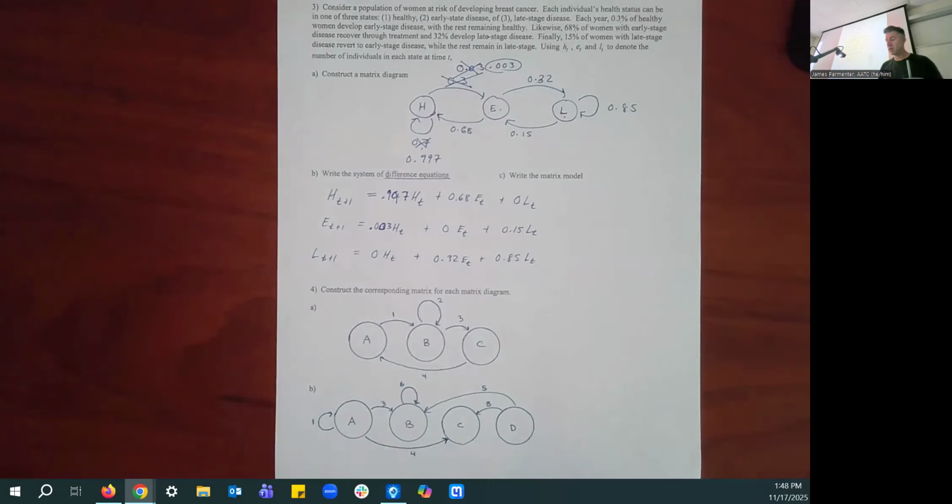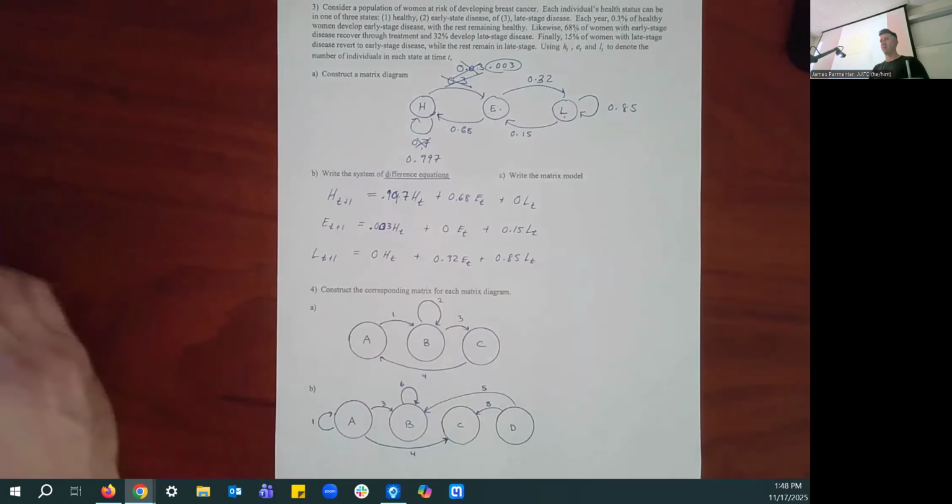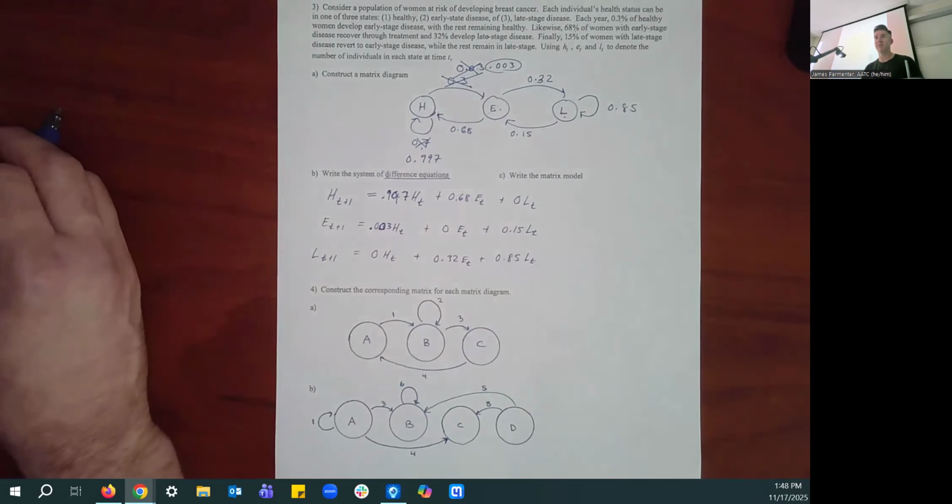What I was about to say is, if we've written all this, you've already kind of written the matrix multiplication, right?